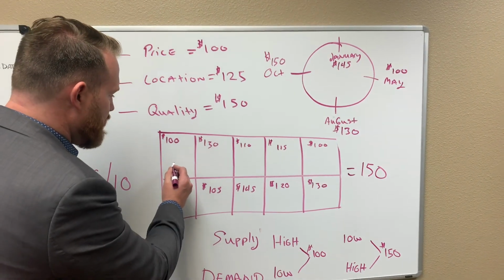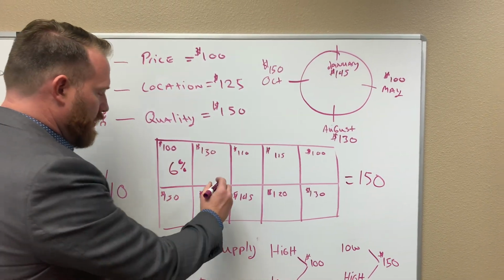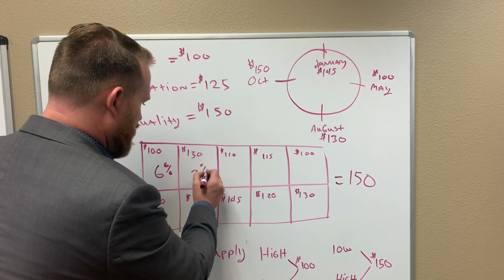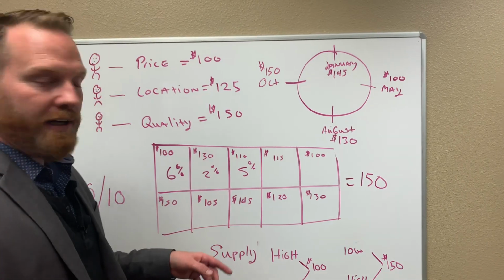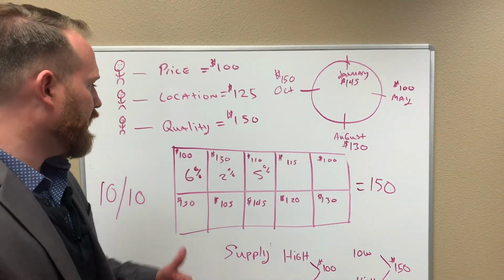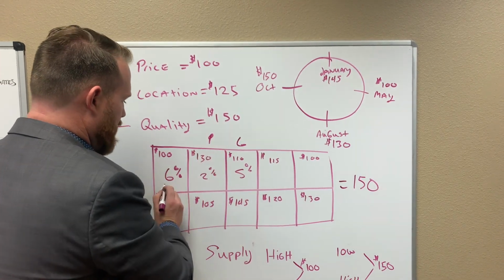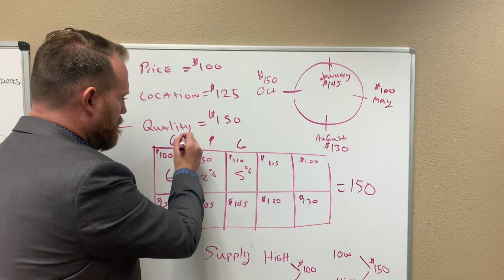Each one of these has their own rental increase. So they have a 2%, they have a 5%. So $110, right? 5% rental increase. Let's say this one's every 6 months, this one's 9 months, and $100, we're doing 6% every 6 months, okay?